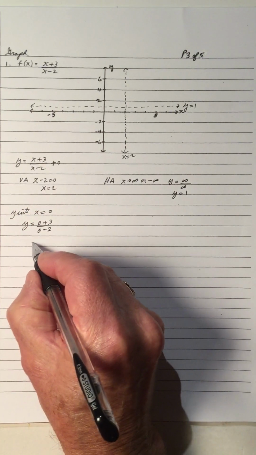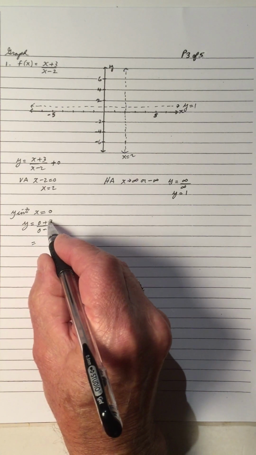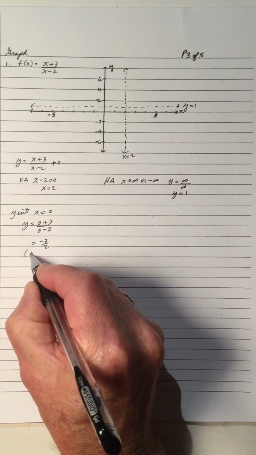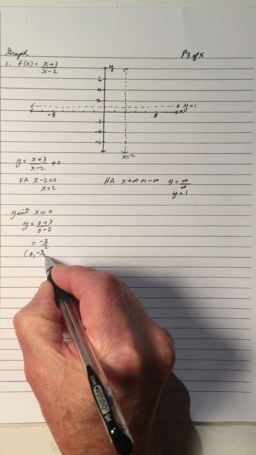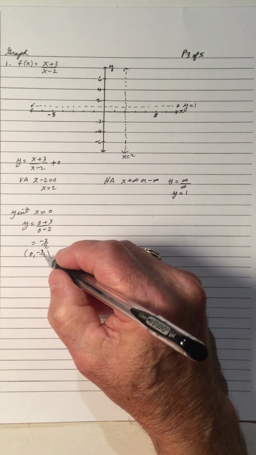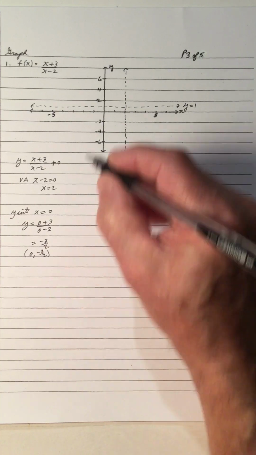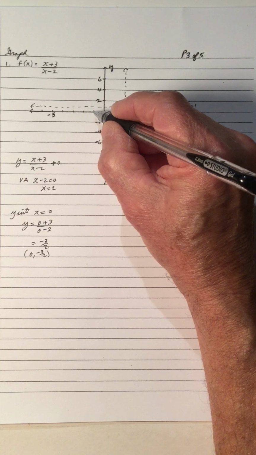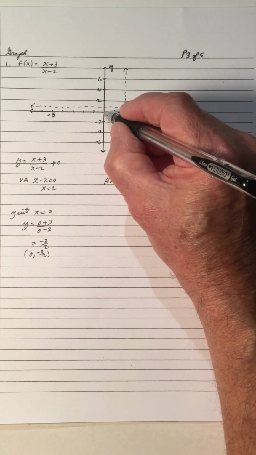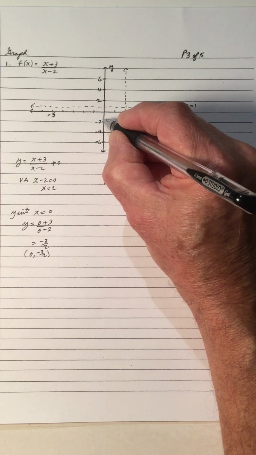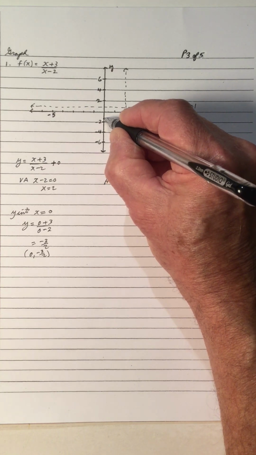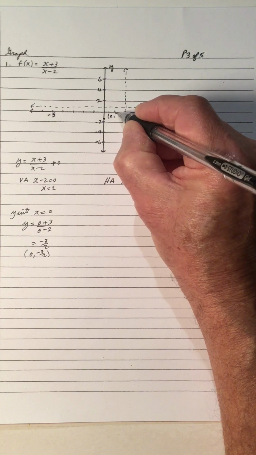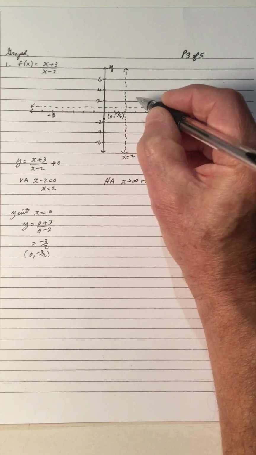So y equals 3 over negative 2, which is negative 3 over 2, or negative 1.5. When x equals 0, y is negative 1.5. So let's take that point to be right there, (0, negative 3 over 2).